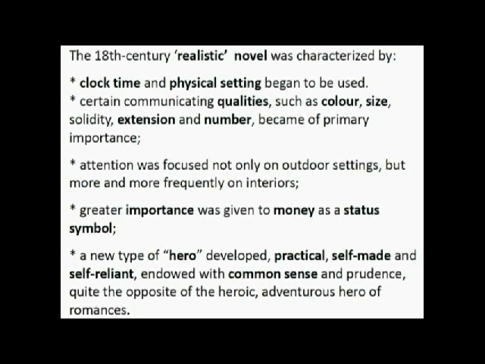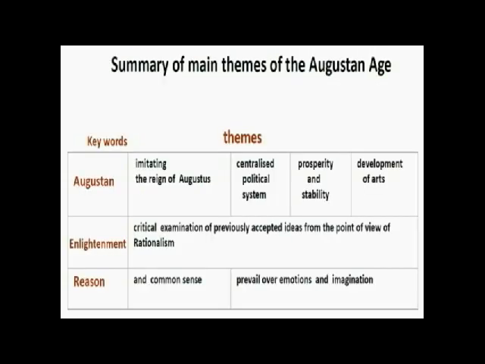Let's summarize what we have been seeing so far. First of all, this new age, the 18th century, was called Augustan because it tried to imitate the reign of Augustus. There was a moment of stability and prosperity.